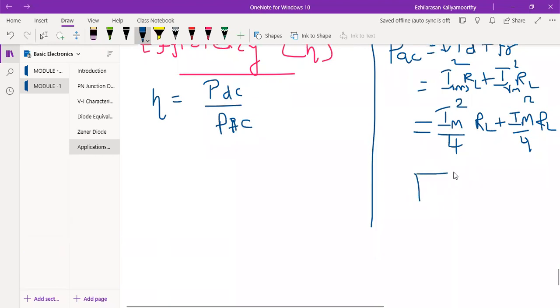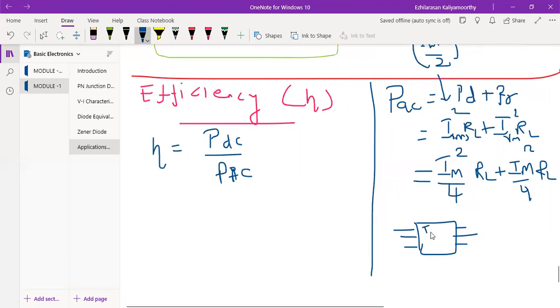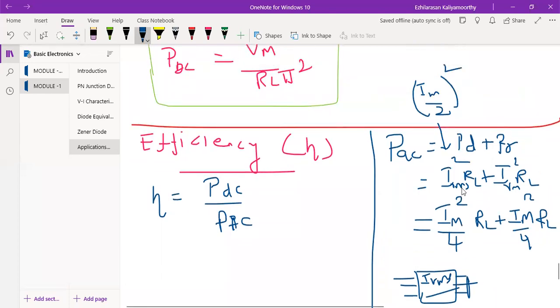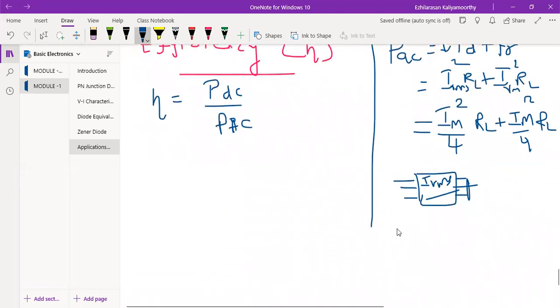So this will be your transformer. This is your power delivered. This is the power received. So both the RMS will be Im by 2 only. So this becomes Im by 2 the whole square, even here also Im by 2 the whole square. Finally, I'll get Im square.